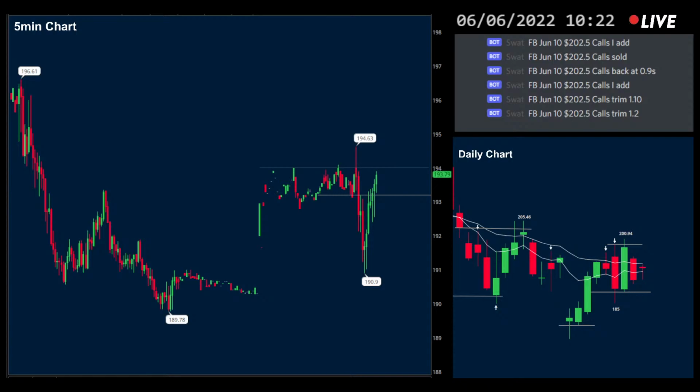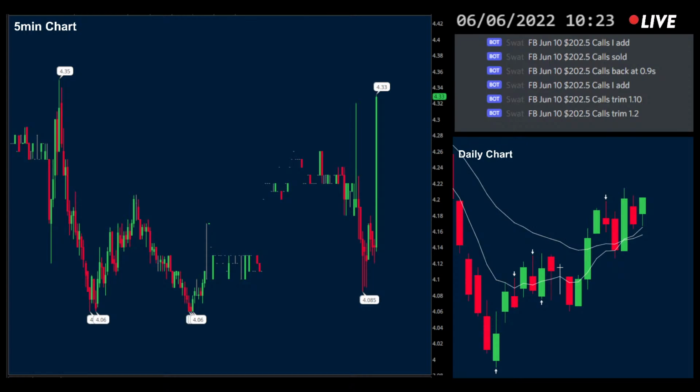FSLR, some bull flow. Facebook going. Facebook needs above 195. FSLR going, new highs on the day.